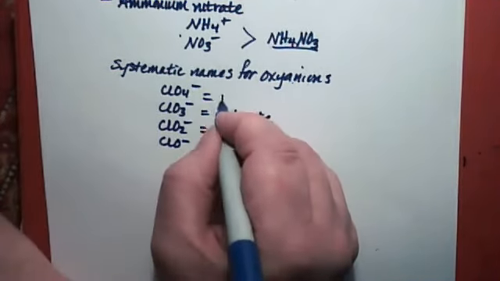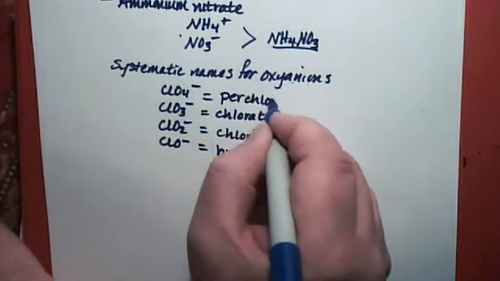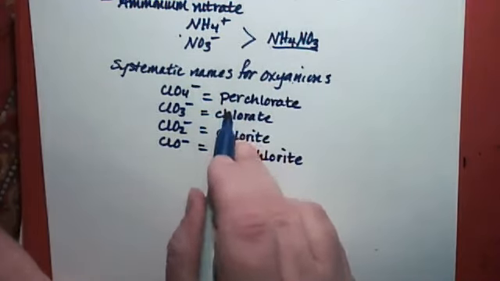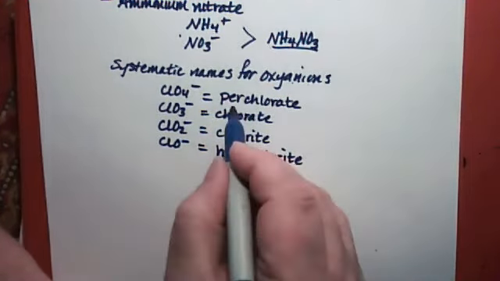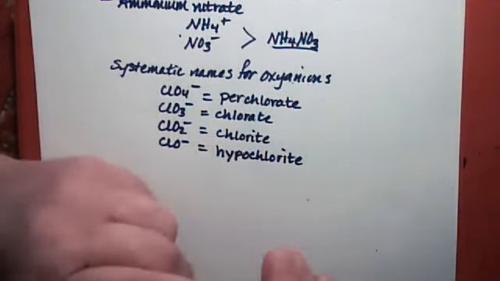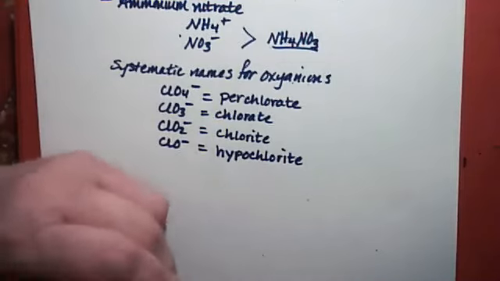Well, what they did is they used the prefix per, perchlorate. Per is from a Latin word that means beyond or through. And so perchlorate means beyond chlorate, 1 oxygen beyond chlorate. Okay, so that's sort of an overview of naming with polyatomic ions.